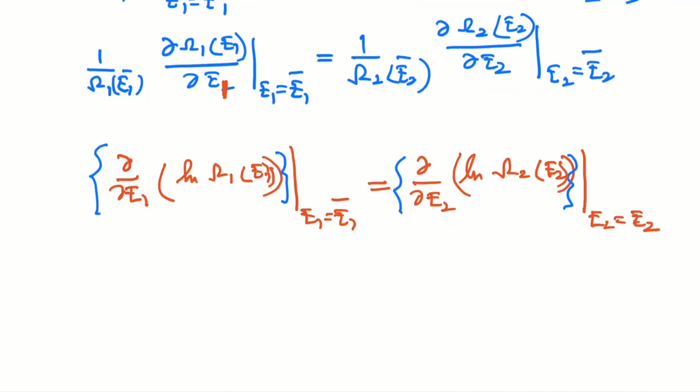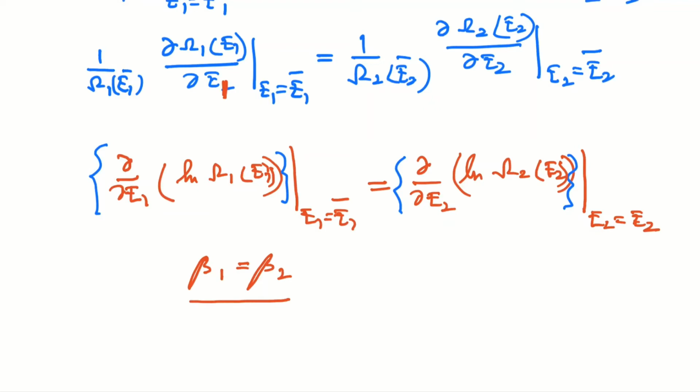Let's denote the quantity on the left hand side as beta 1 and that on the right hand side as beta 2. And so we find that when beta 1 is equal to beta 2, the system reaches equilibrium.